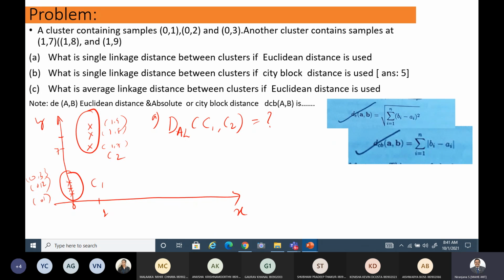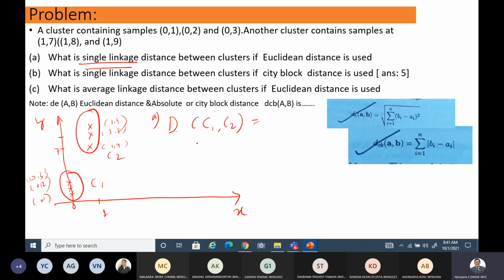The question is direct here. You need not iteratively proceed with the algorithm. You need to just find the cluster distance. Is it clear? Yes, you may have to calculate sample distances also, because D_SL is nothing but, sorry, single linkage distance, right?